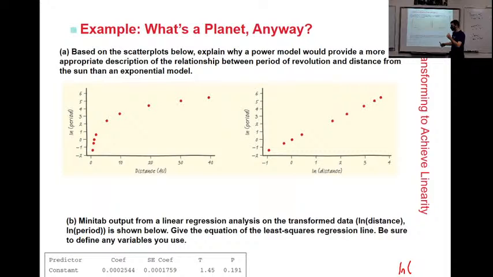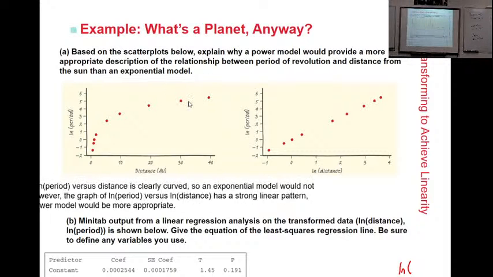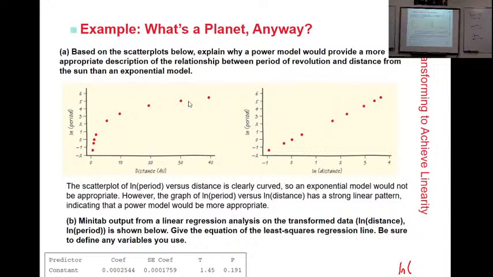And so that's why our power model is better than an exponential model. Because the scatter plot of natural log of the period versus distance is slightly curved. So exponential model bad. Natural log of period versus natural log of distance, power good. That's how you need to explain the rest of this unit to me.